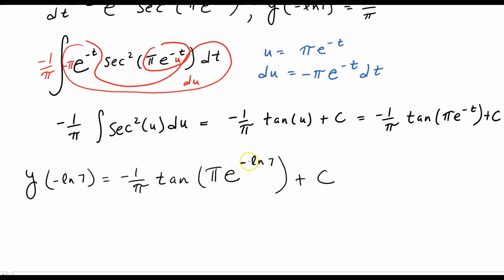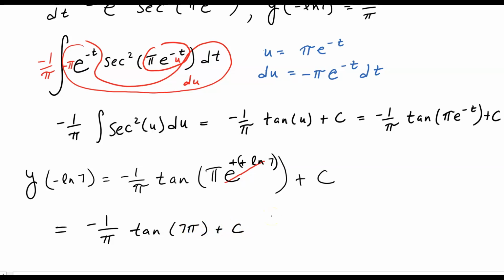I knew I was missing something. It's a negative of negative natural log. So that right there is positive in itself. So the e in the natural log gets rid of itself. What do we have? We have negative 1 over pi, tangent of, it looks like 7 pi, plus c.